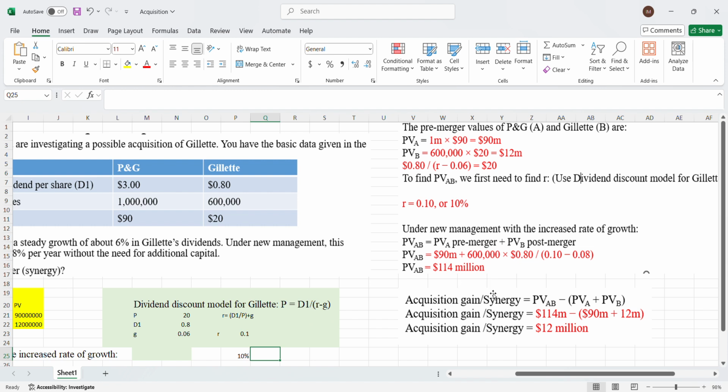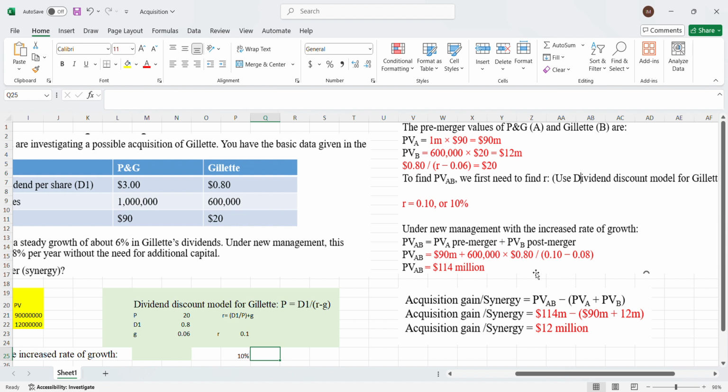Basically you need to check in which company the changes have been made. If you have additional information on Gillette, we accommodate these changes in the post-merger situation, and we just add it to the pre-merger value for P&G. So what is the gain?